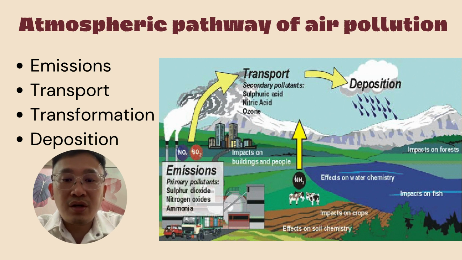Within the atmosphere, certain pollutants undergo chemical reactions, resulting in their transformation into new pollutants. One common example is the formation of ozone through the reaction between nitrogen oxides and volatile organic compounds in the presence of sunlight.